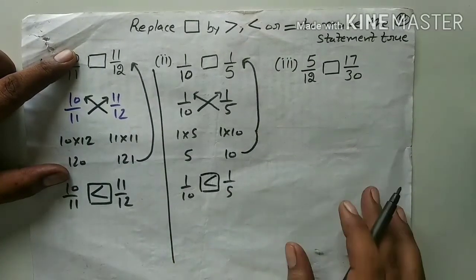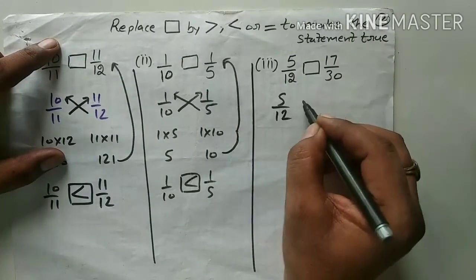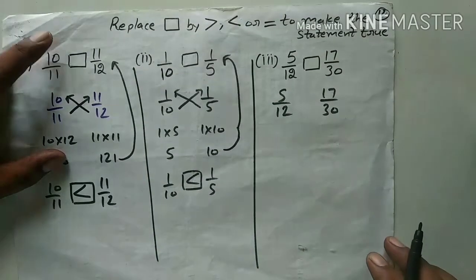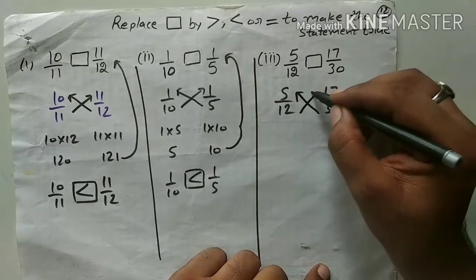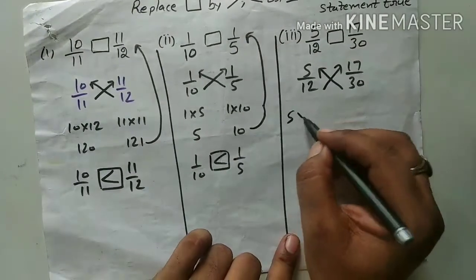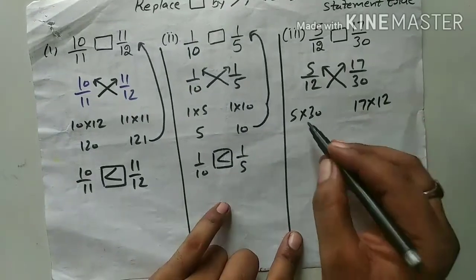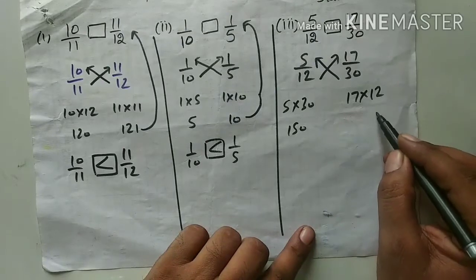Okay student? Now 5 by 12 and 17 by 30. Now student, you see that again if we apply cross multiplication, then 5 multiplied by 30 and 17 multiplied by 12. Now this answer is 150, and what is the answer for this?